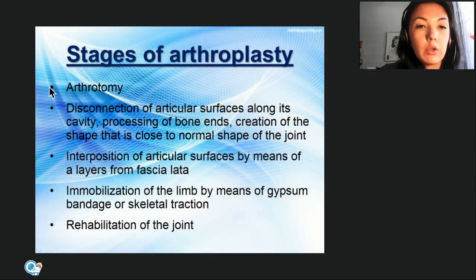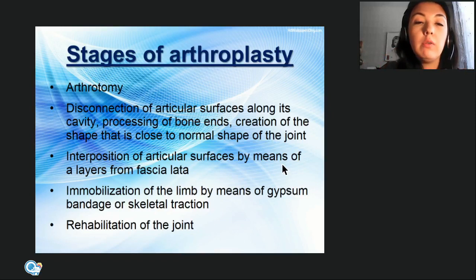It's again arthrotomy, disconnection of articular surfaces along its cavity, processing of bone ends, creation of the shape that is close to normal shape of the joint, and then interposition of articular surfaces by means of layers from fascia lata. So we are taking fascia lata from the lower limb, some parts, and we put it.